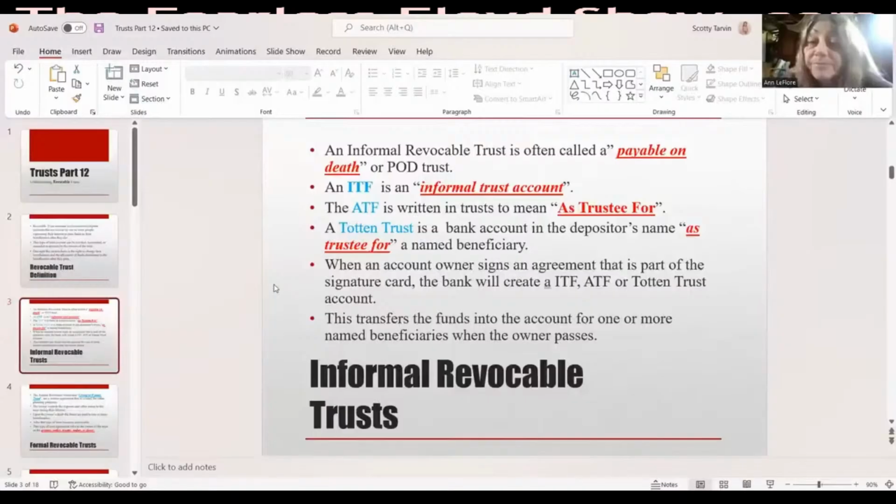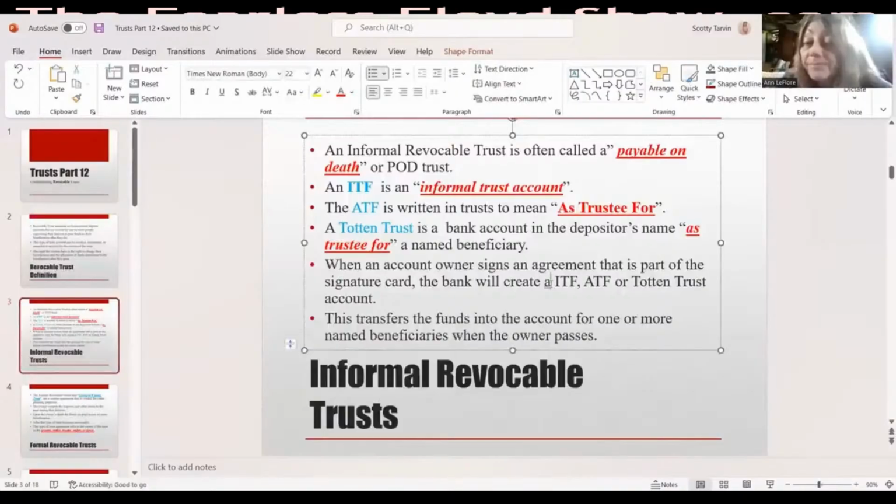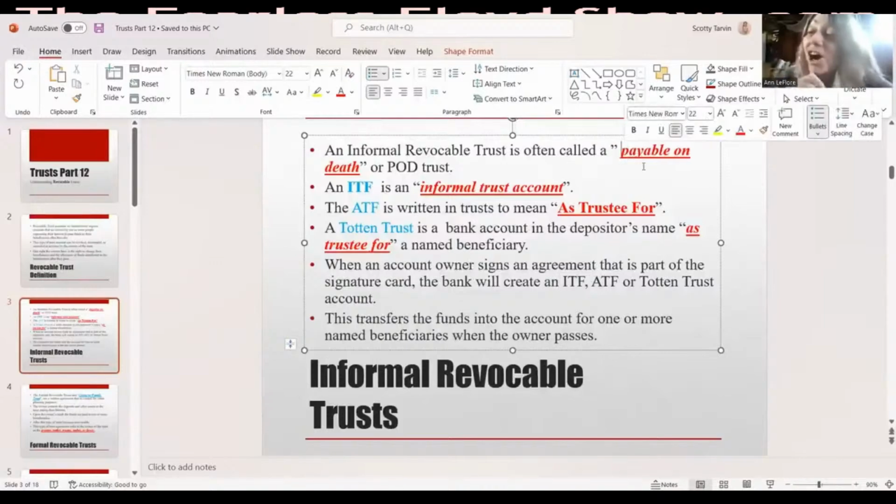When an account owner signs an agreement as part of the signature card, the bank will create an ITF, ATF, or Totten trust account. This transfers the funds into the account for one or more named beneficiaries when the owner passes. Okay, so these terminologies are literally terminologies from the bank.